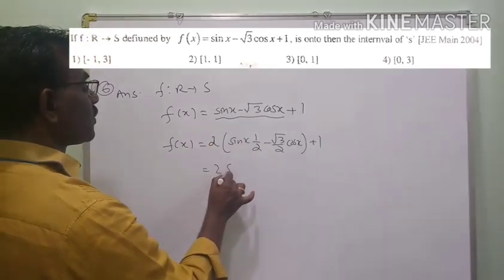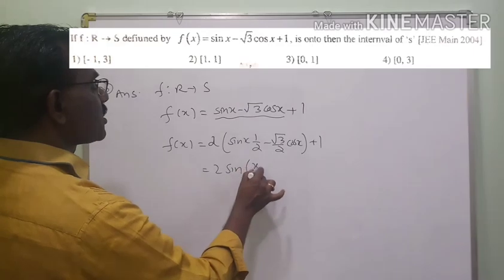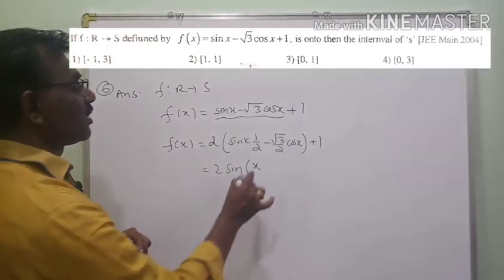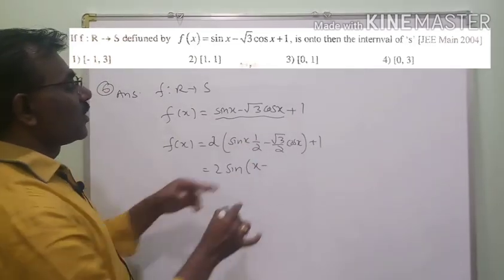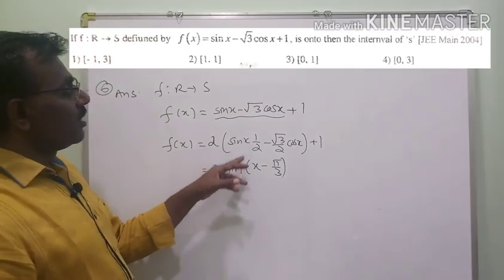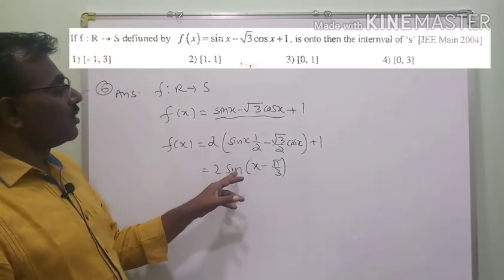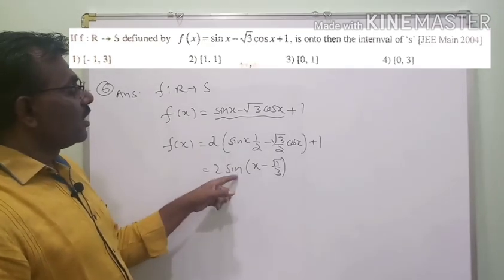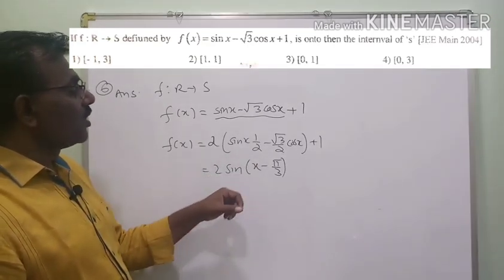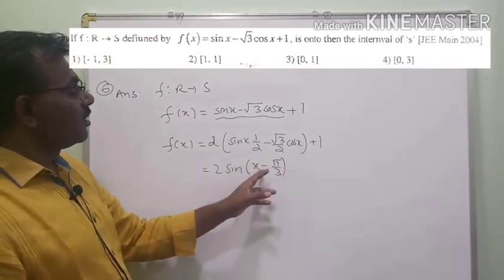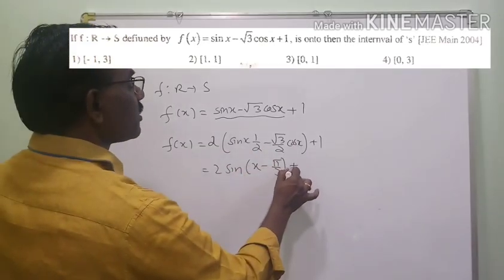Now 2 sin of x, sin a cos b minus cos a sin b, where 1 by 2 is cos 60 degree, which is pi by 3. So 2 times sin x cos 60 degree minus cos x sin 60 degree, plus 1.